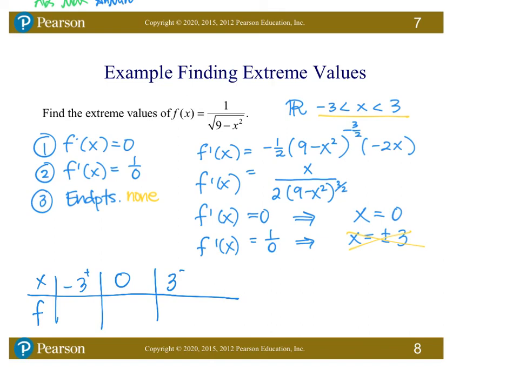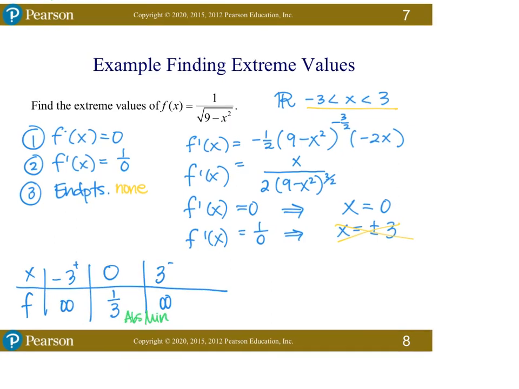So if we plug in 0 itself, we're going to get the value 1/3. And if we check the endpoints, we're going to get positive infinity. And so clearly 1/3 is the smallest value, so we're approaching infinity on either end, but we've got 1/3 as the smallest y value, so this would be our absolute minimum.